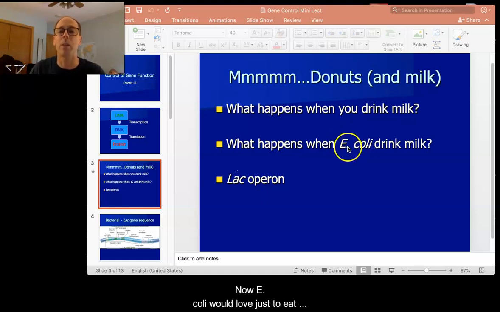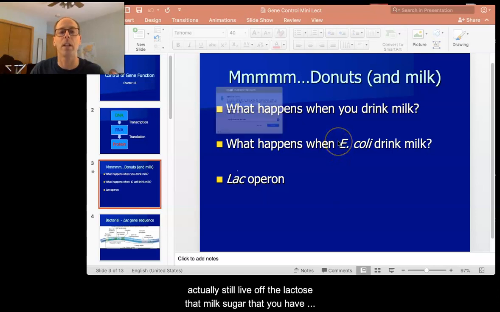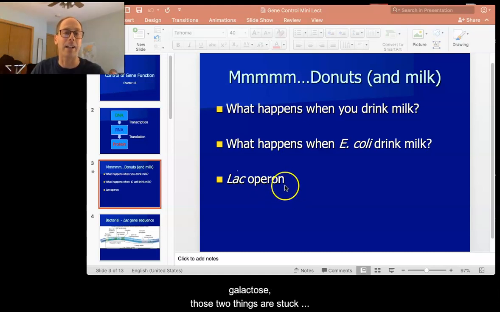Now, E. coli would love just to eat glucose because that's a really easy fuel to use. In fact, their genes are set up so that when they get glucose, they can easily metabolize it. But if you give them milk, they can actually still live off the lactose, that milk sugar. And remember that lactose is two sugars, right? Lactose is the sugar glucose and the sugar galactose, those two things stuck together.